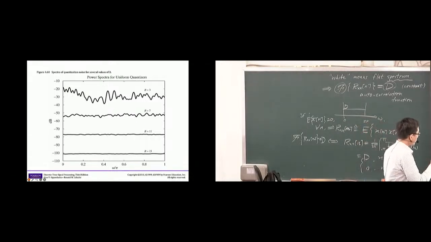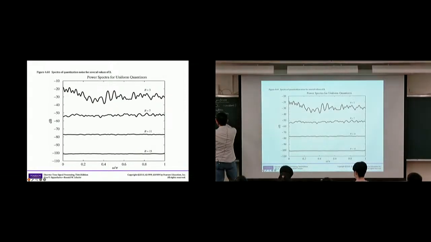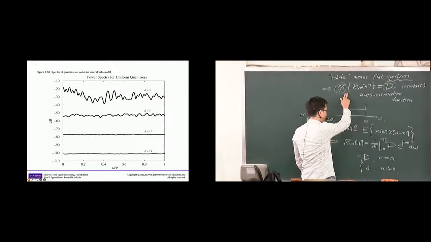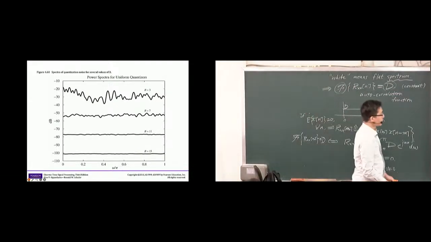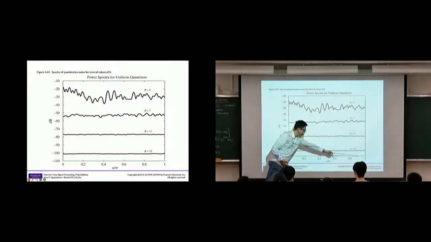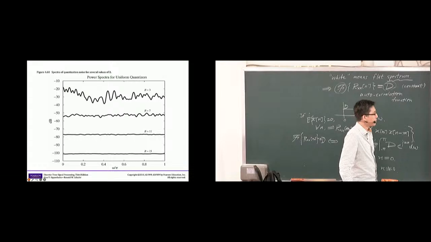But now, just conceptually, let's take a look. When we have 3 bits, the quantization error spectrum, the result is called the power spectra, by the way. The power spectra here is plotted from 0, the DC frequency, to the Nyquist frequency, that's pi.